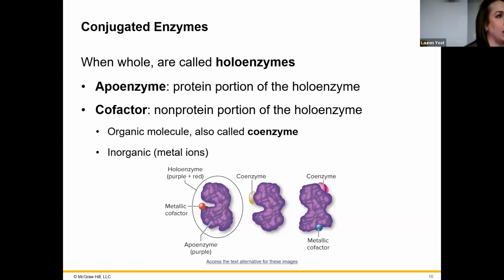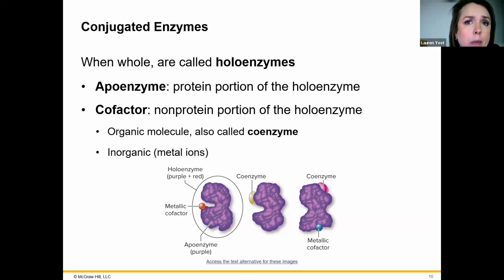They're cofactors for enzymes. Then we have our inorganic, which usually is going to be our metallic ions. So we're talking about a protein that requires maybe, for example, iron, let's say, in order to perform its job. Without that iron, it can't perform its job. That sounds an awful lot like hemoglobin to me, and it should to you as well.